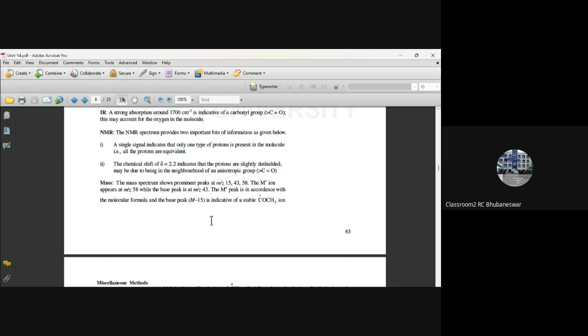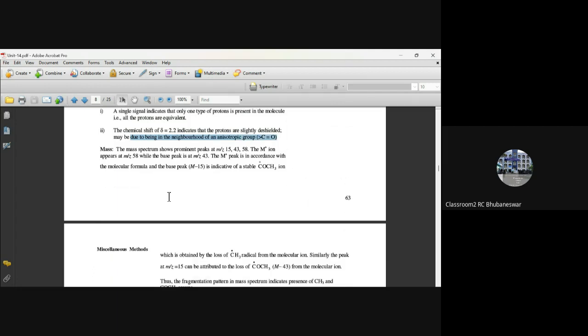A chemical shift of around 2.2 indicates that protons are highly deshielded. If the shielding effect is less, you get a signal at a higher chemical shift value, and it may be due to being neighbored by a carbonyl group.